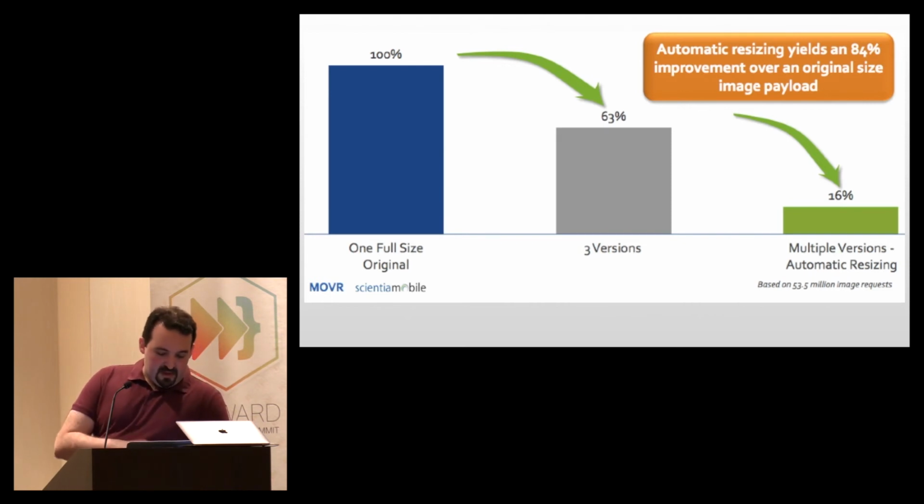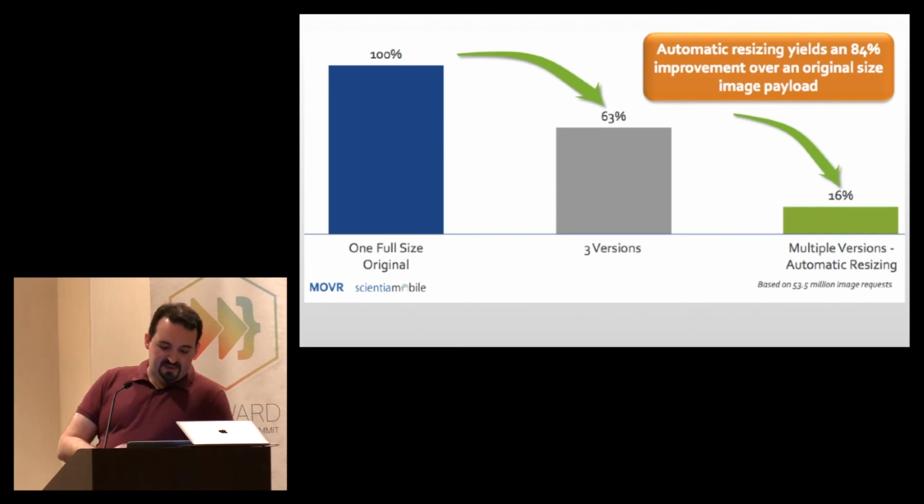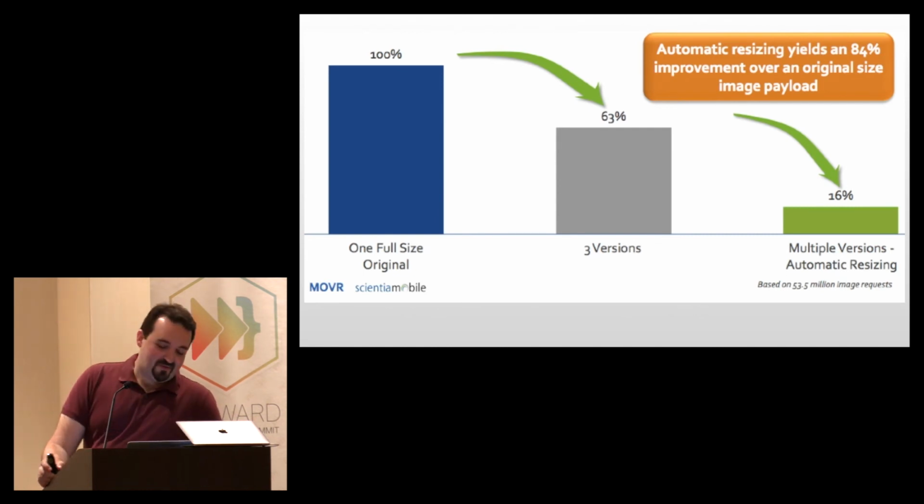Also, talking about images, I know that some of you have different versions of the image. This is a report coming from Ciencia Mobile. Basically, if you have 3 versions of the image, roughly desktop, tablets, and phones, you are saving data. That's the gray in the middle, okay?